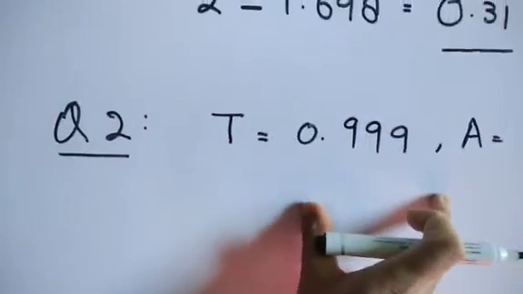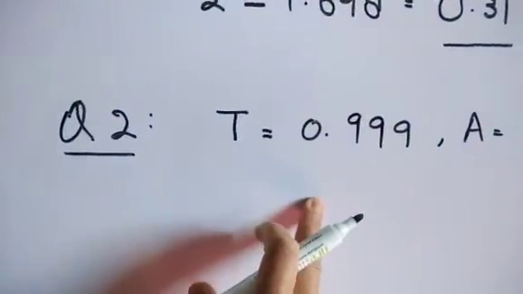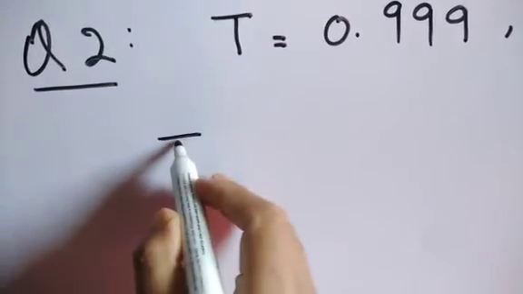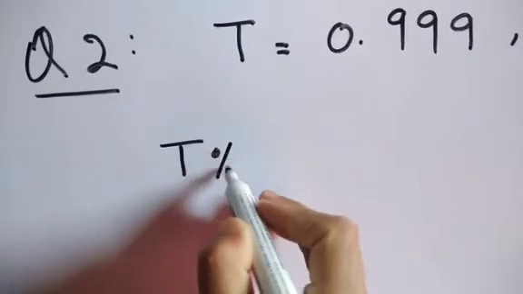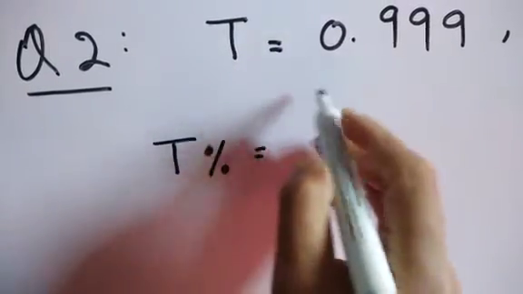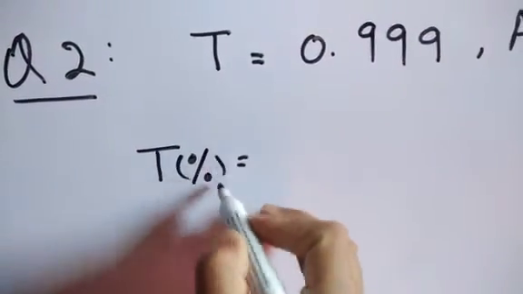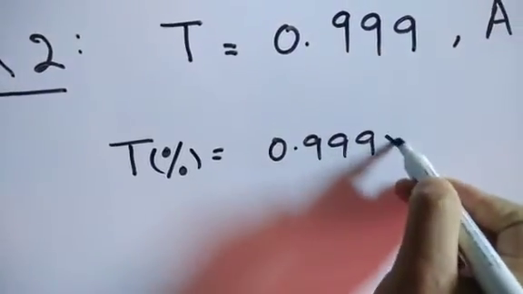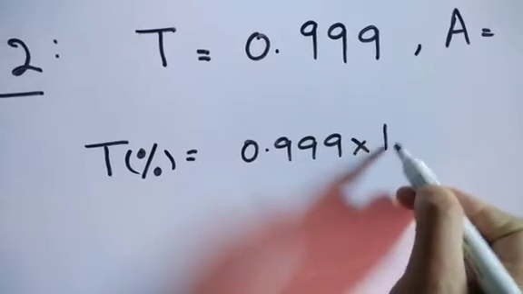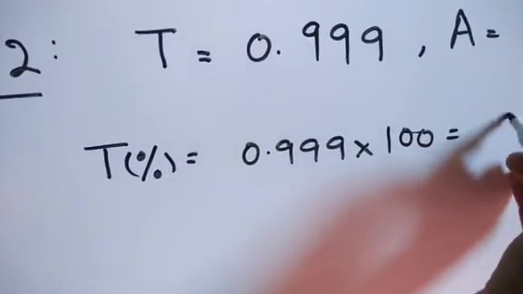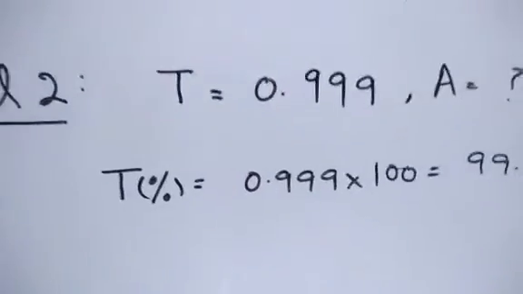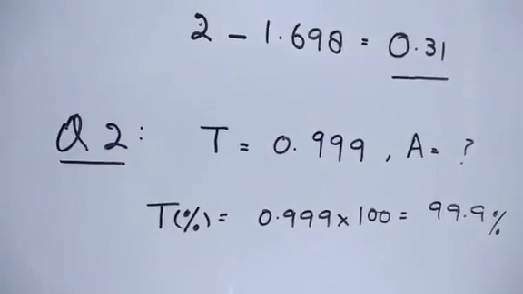ठीक है, उसके लिए हम लोग क्या करेंगे, हमारा पहला स्टेप होगा that we'll convert this transmittance into percentage. वो कैसे होगा, that is this value multiplied by 100, so that is 99.9%.